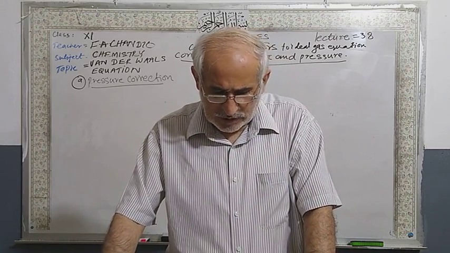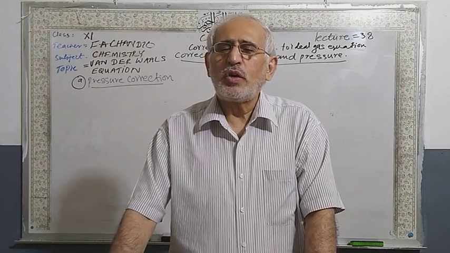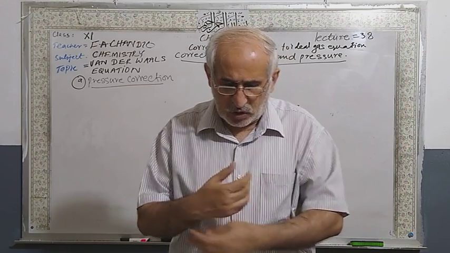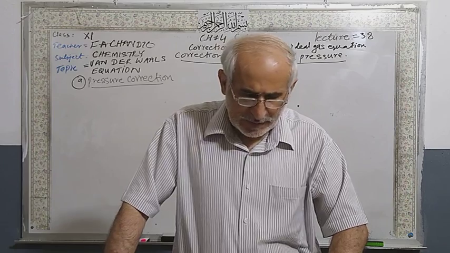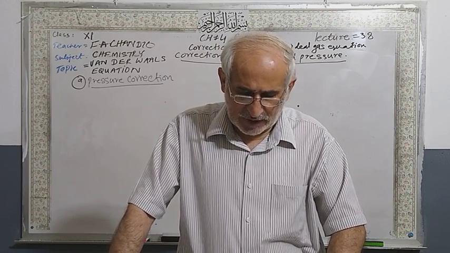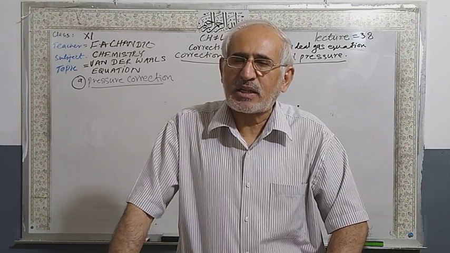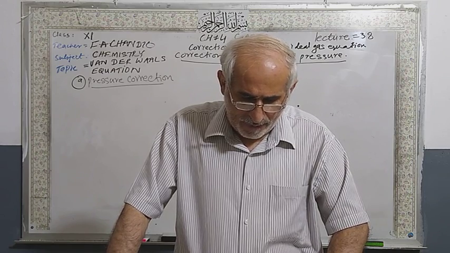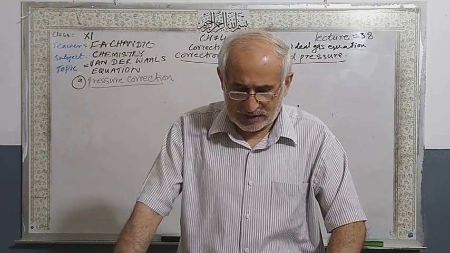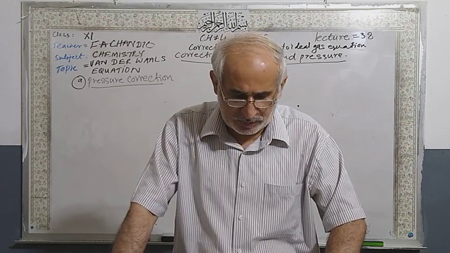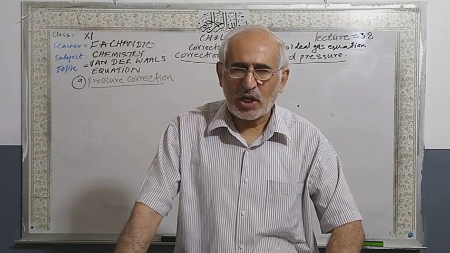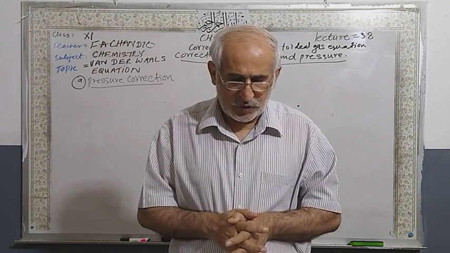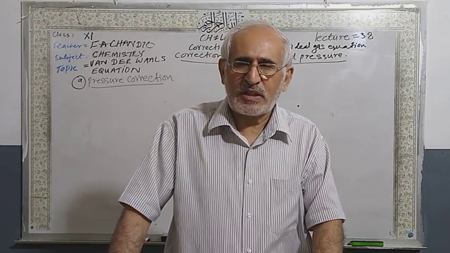Since there are some weak forces of attraction among the gas molecules, the molecules of the gas cannot hit the wall of the vessel with that much force with which they should have in the absence of these attractive forces. I am repeating again: since there are some weak forces of attraction among the gas molecules, the molecules cannot hit the wall of the vessel with that much force with which they should have been in the absence of these attractive forces.